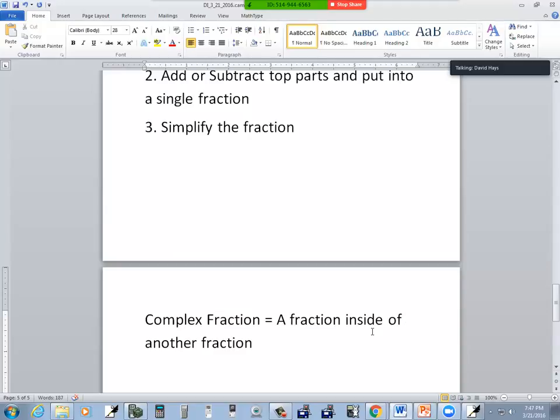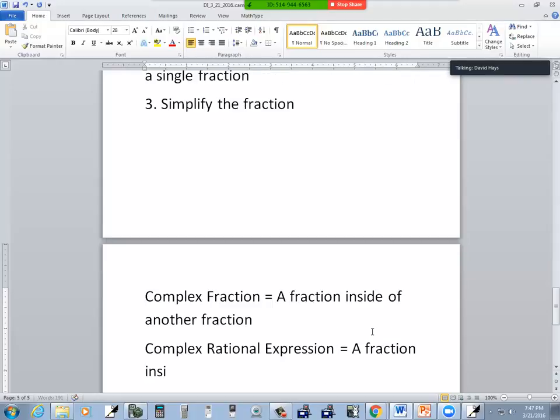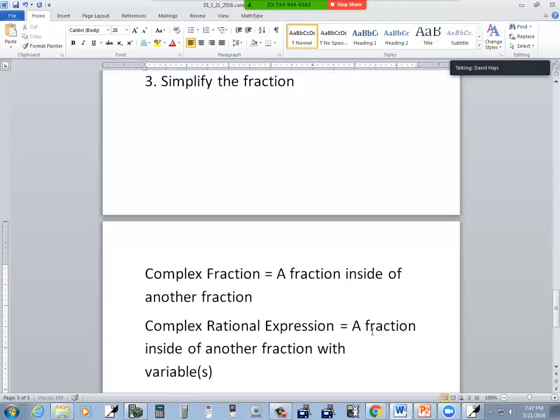Now, when we're talking about rational expressions, a complex rational expression is a fraction inside of another fraction with variables in some form. And that's pretty vague, but it really is that vague. Basically, you've got a fraction inside of a fraction, with variables of some kind.